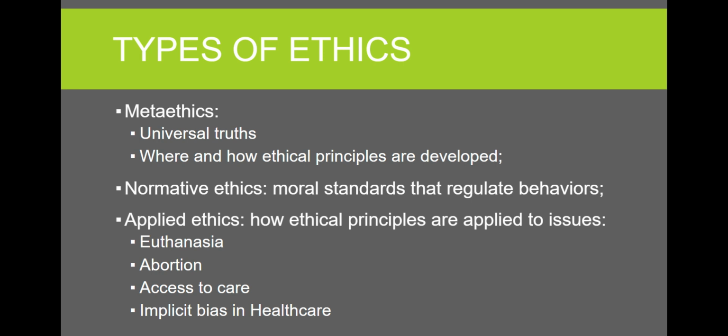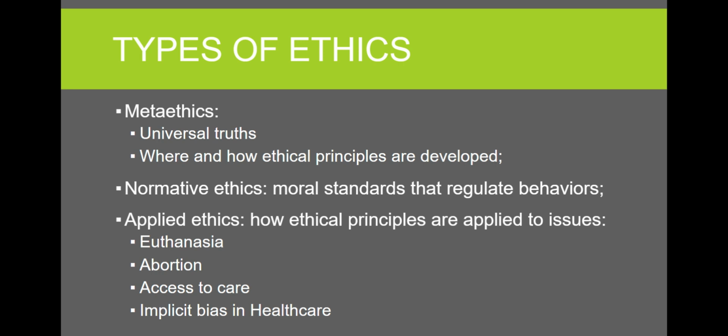There are all different types of ethics. I'm going to start with the most broad, meta ethics. Meta means it covers everything. It is all inclusive. It's concerned with very broad truths, universal truths. Most cultures, societies have always believed in honesty. They've believed in kindness, justice.